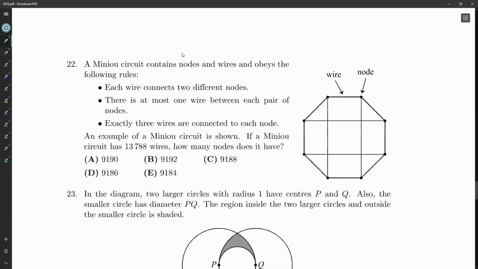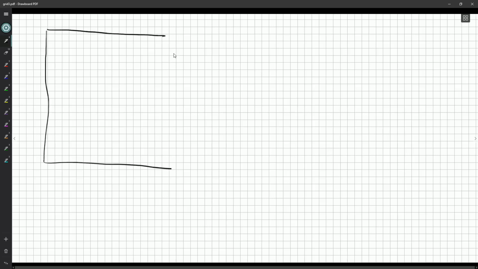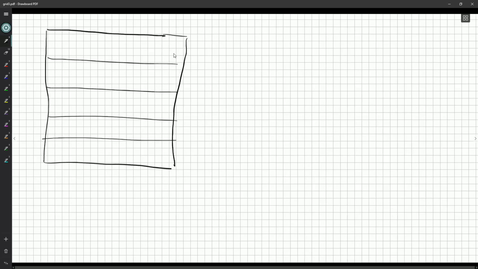But how do we count something like this? Well, when you're counting paths in a figure like this, a graph like this, one might even say, because the shaded squares don't even matter here. There we go.